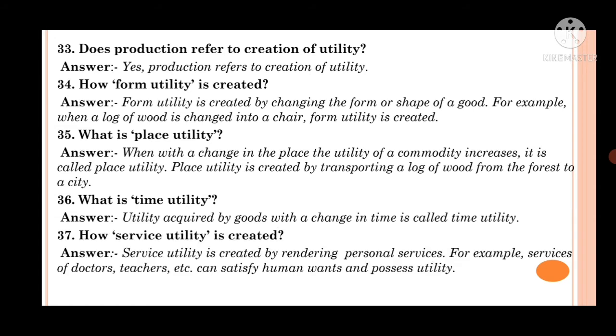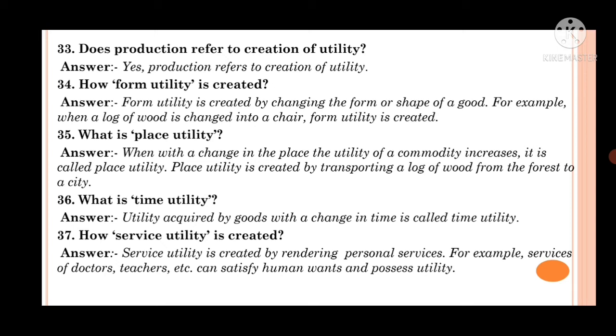Answer is, service utility is created by rendering personal services. For example, services of doctors, teachers, etc. can satisfy human wants and possess utility. So thus, utility created by rendering services is known as service utility.